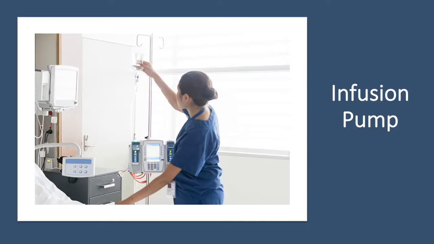So this is the infusion pump. In AMCM, they use infusion pumps, especially in pedia, because they need to infuse the exact amount of IV or even medications in pedia.